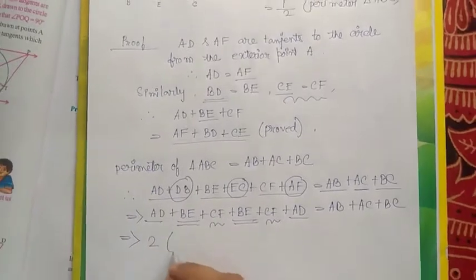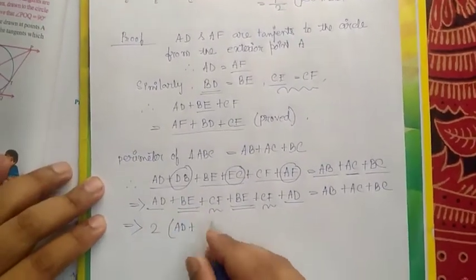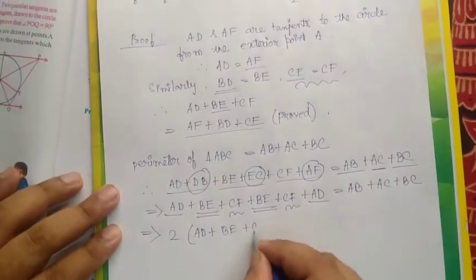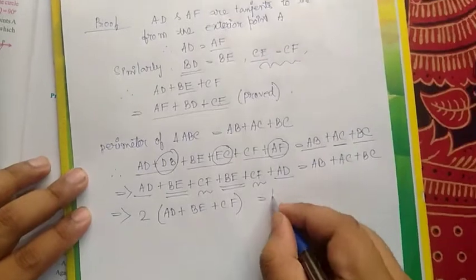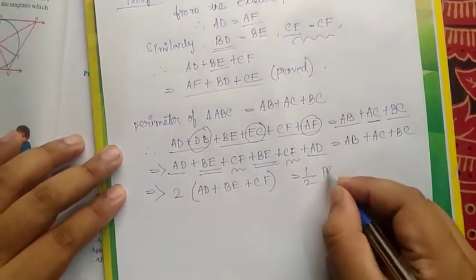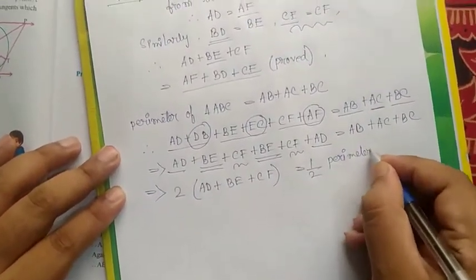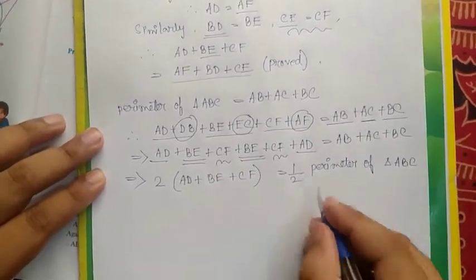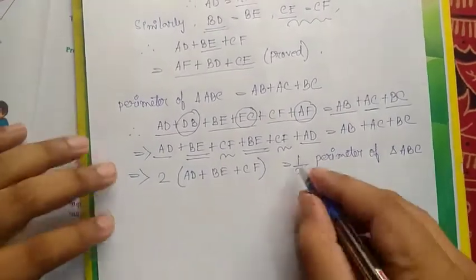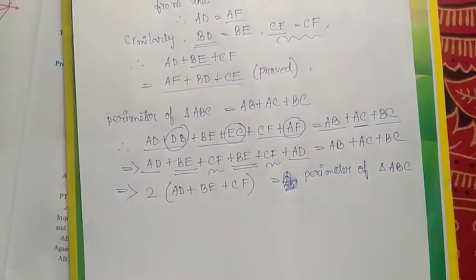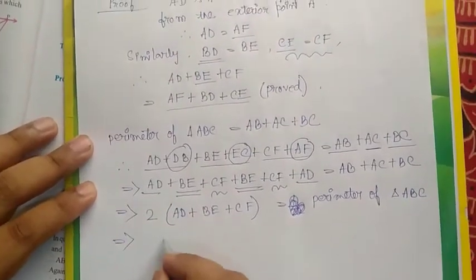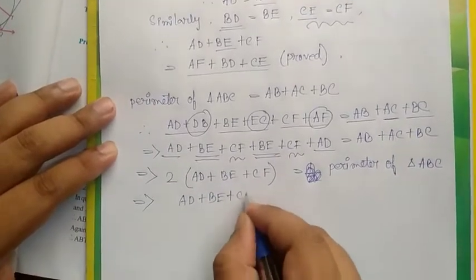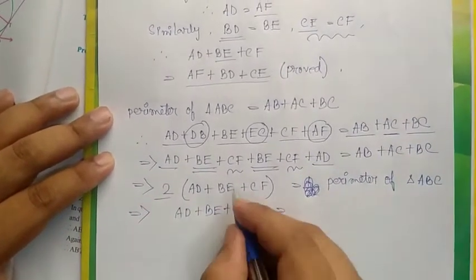Taking 2 common, 2 times AD plus BE plus CF equal to the perimeter of triangle ABC. So therefore AD plus BE plus CF equal to half of the perimeter of triangle ABC, as the 2 goes from the left hand side to the right hand side.